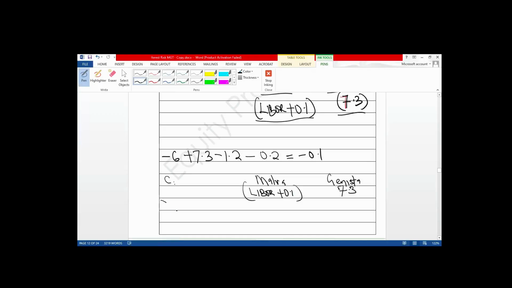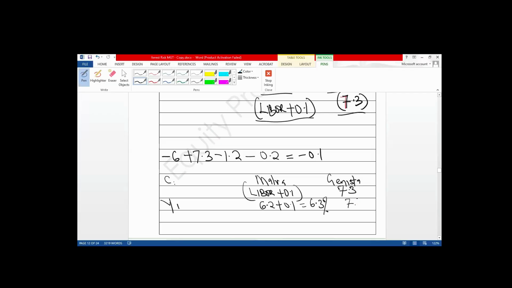If I go to year one, LIBOR is currently 6.2. 6.2 plus 0.1, this person will pay 6.3%.